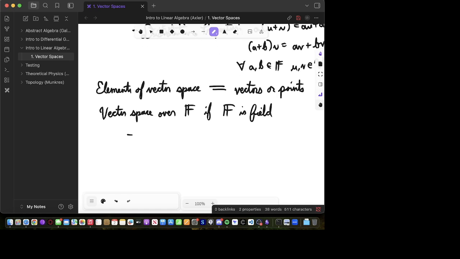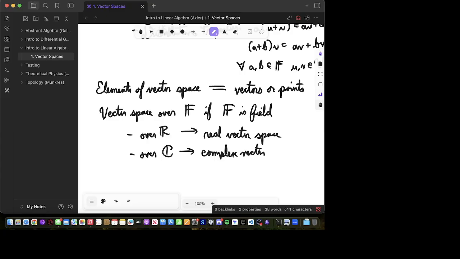Furthermore, a vector space over R, the set of real numbers, we call a real vector space. And as you would expect, if we have a vector space over C, which is the complex numbers, then we have a complex vector space.